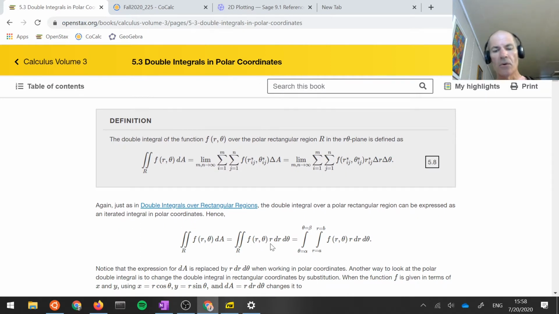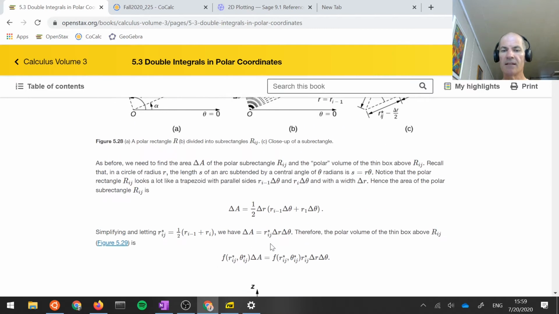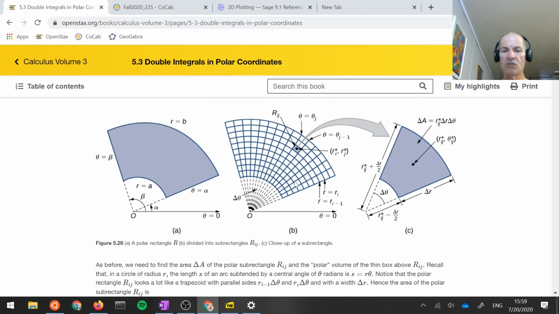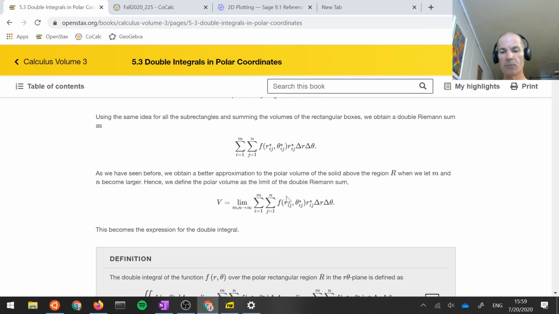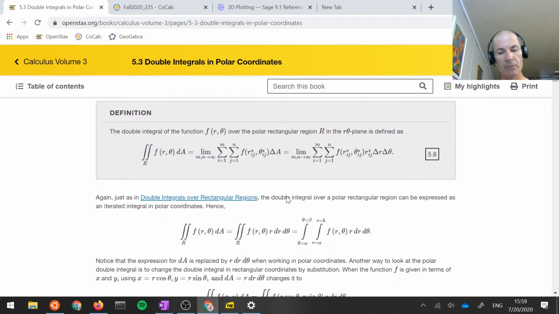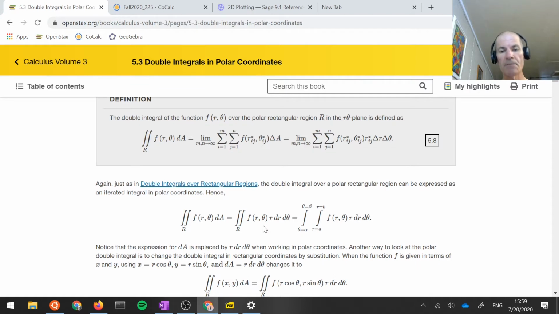When we're doing Cartesian or rectangular coordinates, we don't have this extra factor of r. But when we're doing polar coordinates, if we're going to account for the variability in the size of the base of these rectangles, we have to scale delta r delta theta by another factor of r. It's kind of nice the way it works out. Just a simple factor of r. Could have been a lot more complicated, but it turned out pretty nicely.